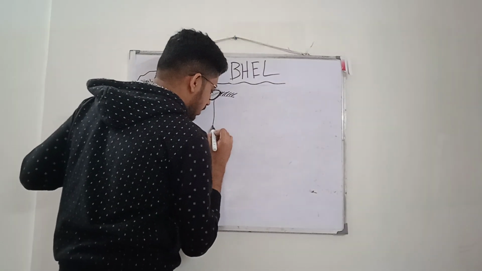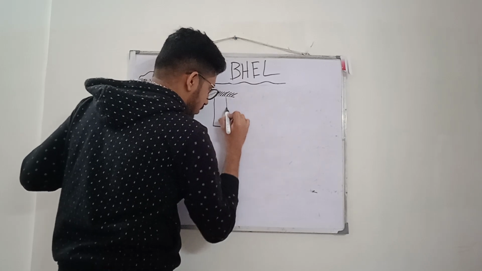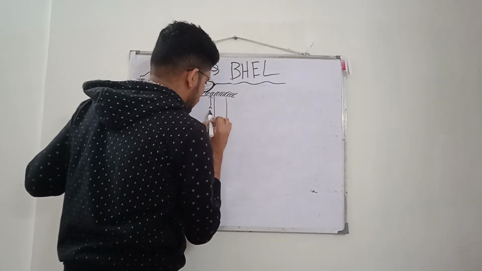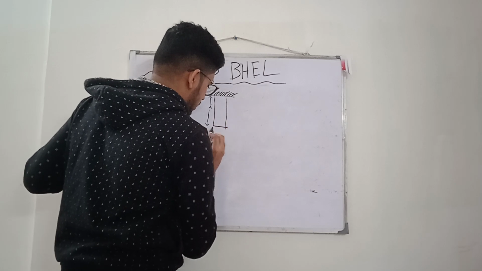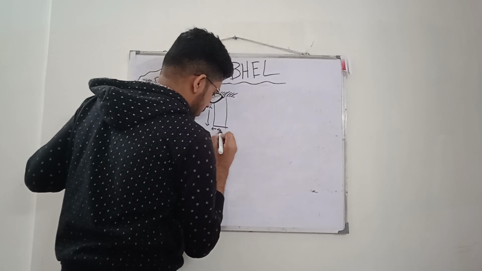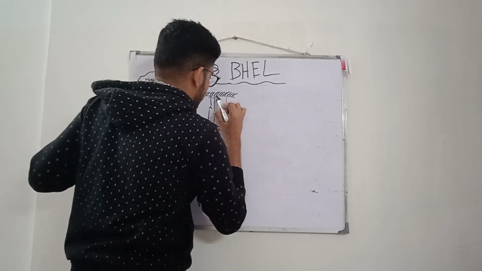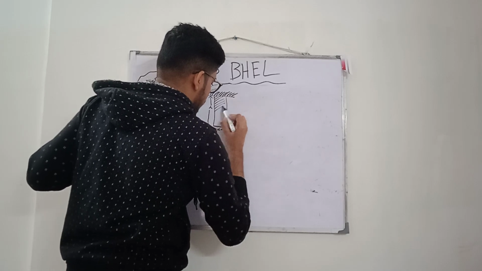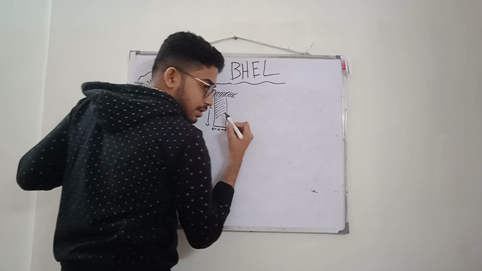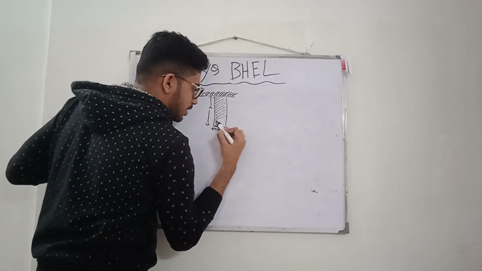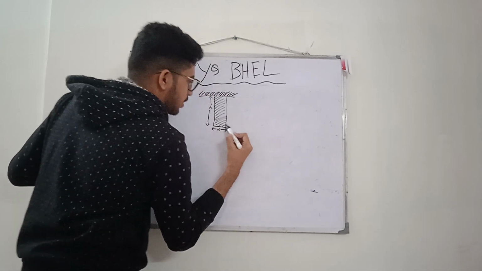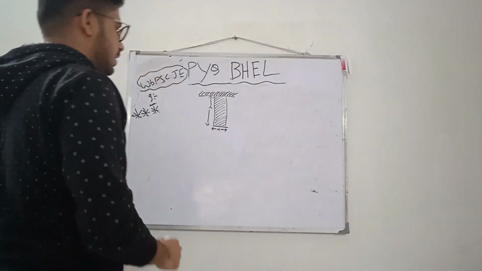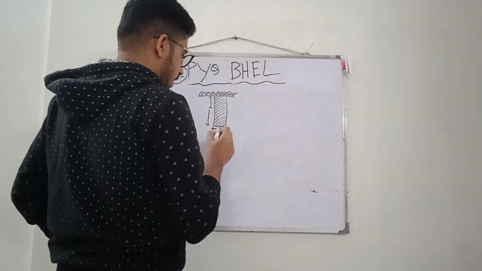This is a bar whose length is this and diameter is this. It has a cross section area like this. This is its cross section area, and it is elongating.